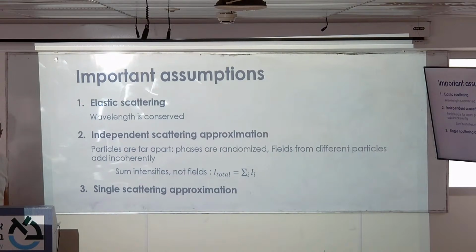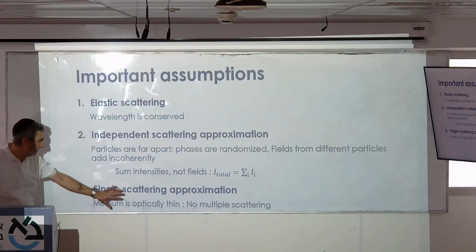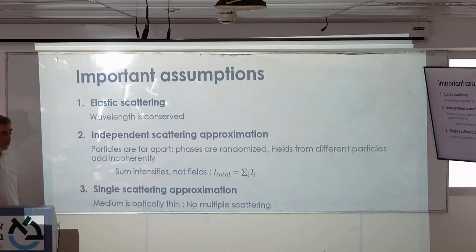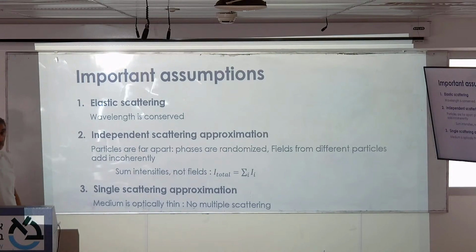So typically, in that case, the condition is that the medium is optically thin. We will define this condition. It means there is no multiple scattering. The light encounters objects and scatters only once.